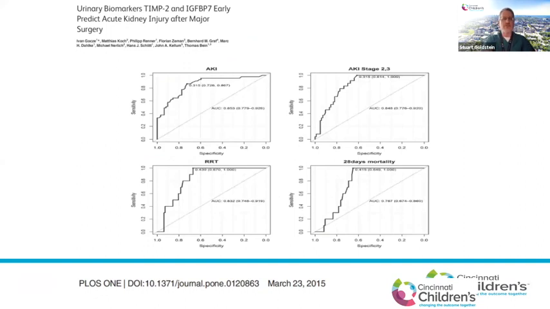And when you looked at the sensitivity and specificity, the AUCs for AKI or AKI stage 2 or renal replacement therapy or 28-day mortality, the cell cycle arrest markers had moderate to very good prediction of these various outcomes.